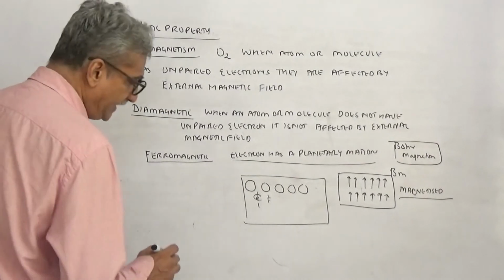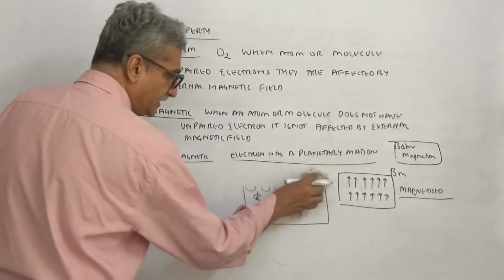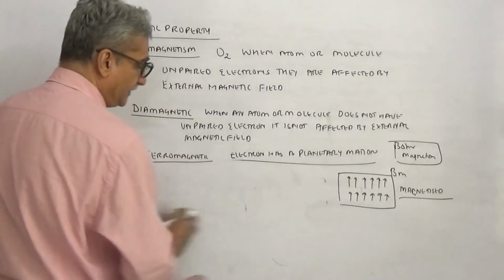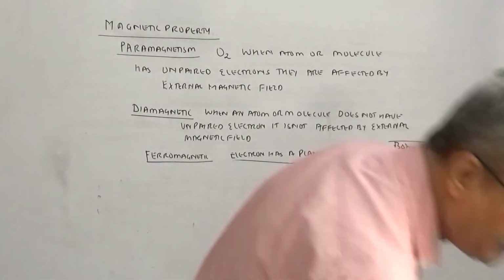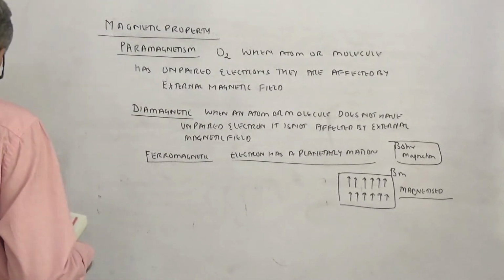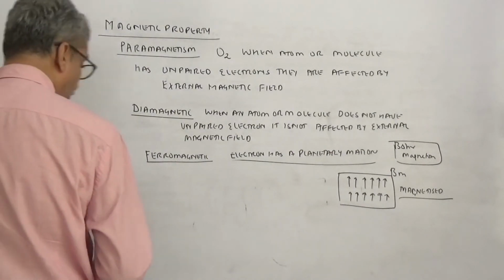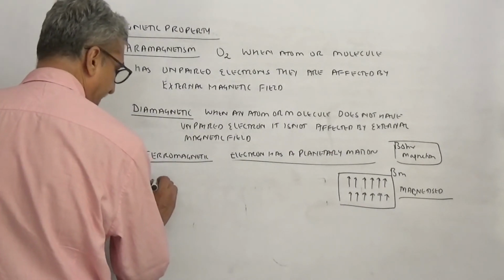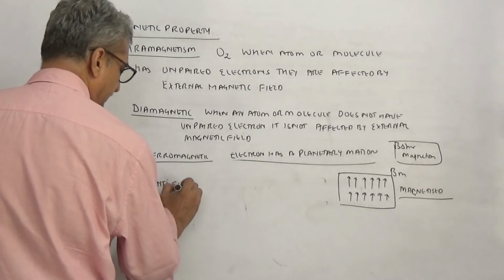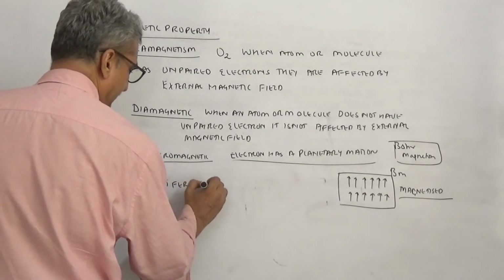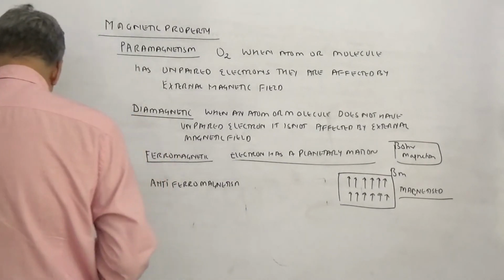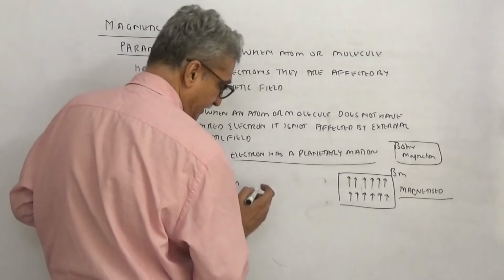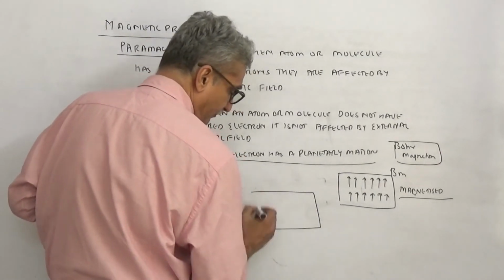Then we have anti-ferromagnetism. These diagrams are important.